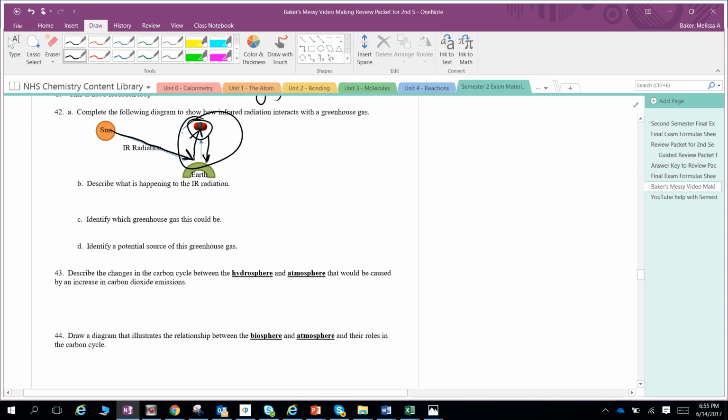And so effectively, it's trapped in our atmosphere for a longer amount of time. So that's what's happening to the radiation. Rather than leave to outer space, it gets trapped.